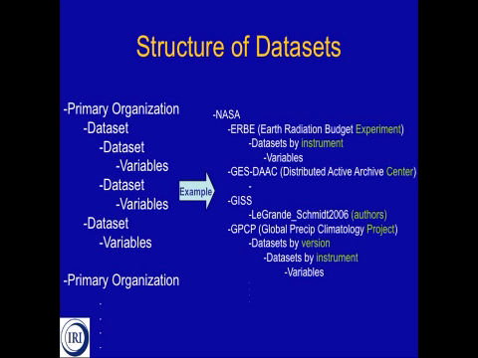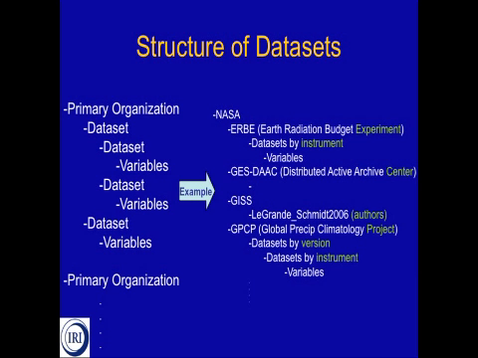Now below that level are data sets and subdata sets until you get down to the level of individual variables. And so these data sets and subdata sets would include things such as particular experiments, or data centers, or projects, or possibly authors associated with the data set, or particular versions of data sets, or maybe the instruments used to take the observations.